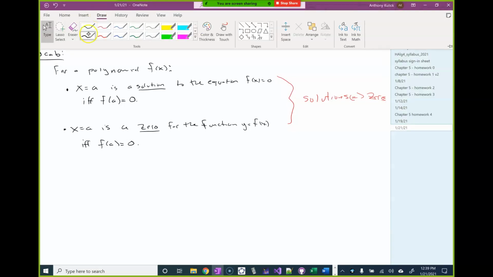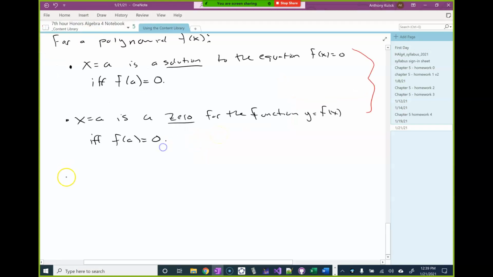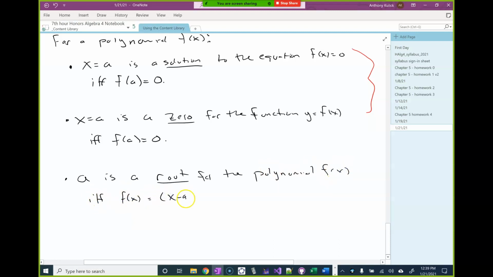So we say that a is a root for the polynomial f of x, if and only if f of x is equal to x minus a times some g of x.